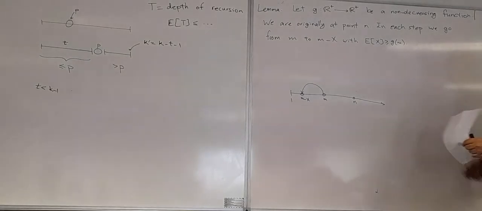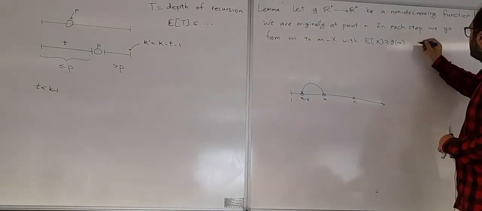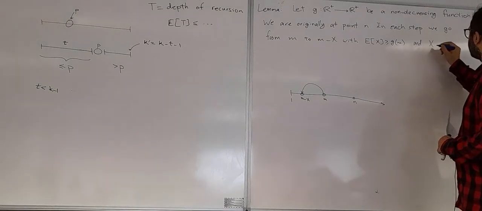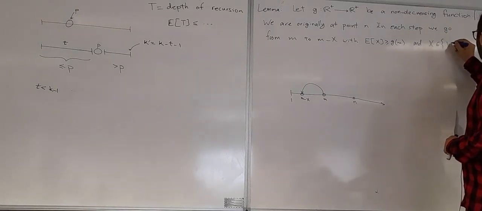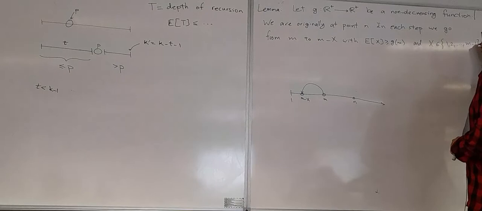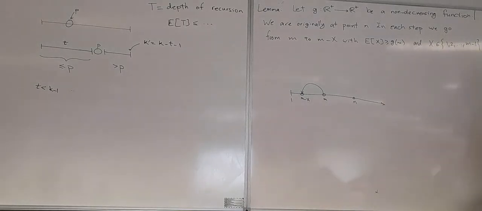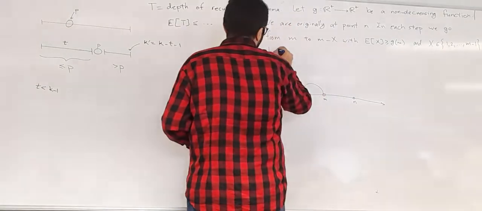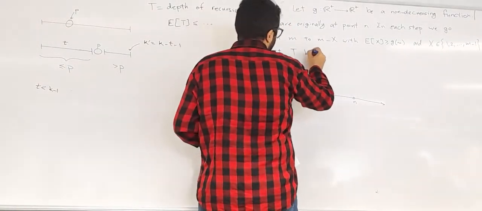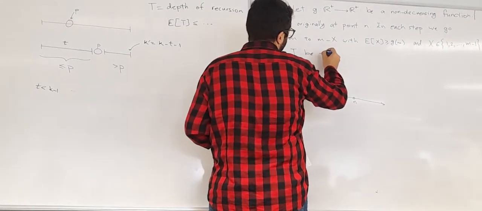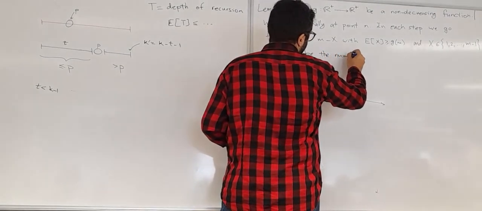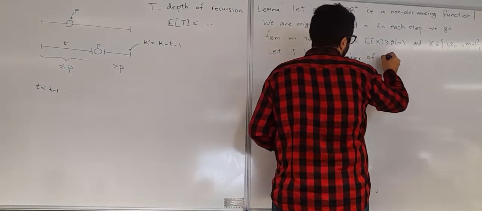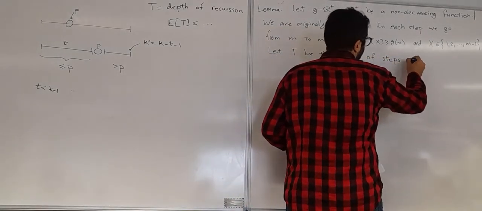Okay. And actually, I can also say that this x is always in the set 1, 2 to m minus 1, right? Because I'm always decreasing the size of my instance. Now, I want to define this t. T is the depth of recursion. So let t be a random variable, the number of steps until we reach 1.